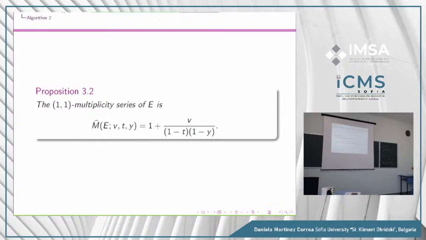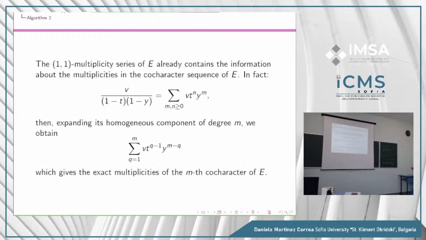After that, we have to write this multiplicity series as a power series in these variables, and we did that. It is given here. Note that in this multiplicity series, the coefficients are equal to 1 for all the terms. And we recover the result of Olsson and Regev.